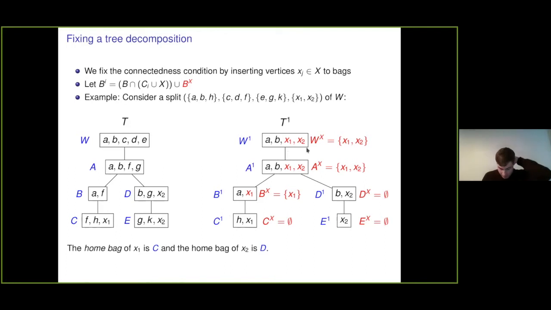And next let's try to bound this to show that this tree decomposition is not worse than what we start with. But are there any questions at this point?